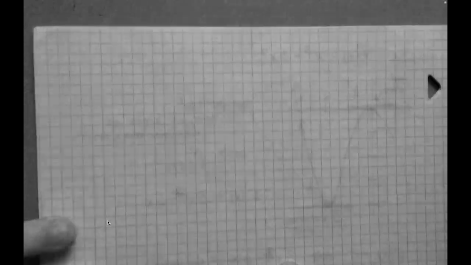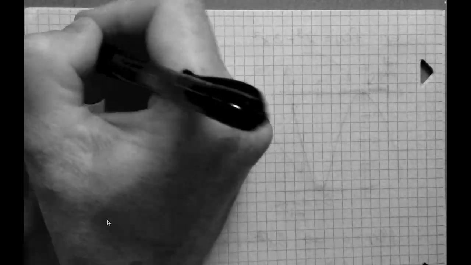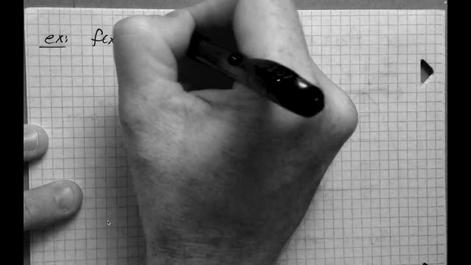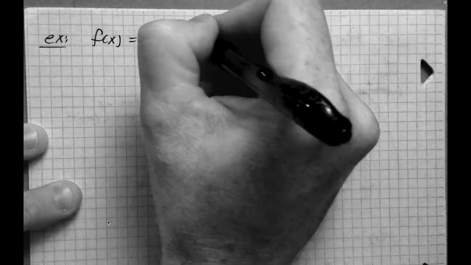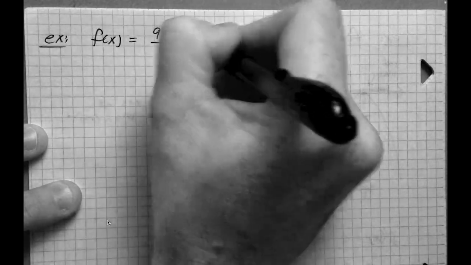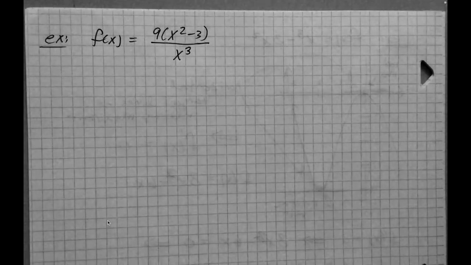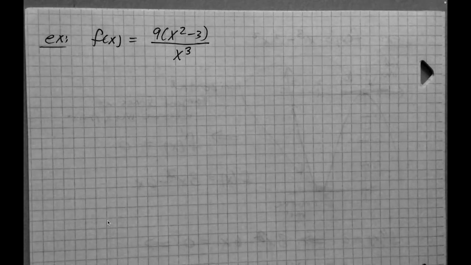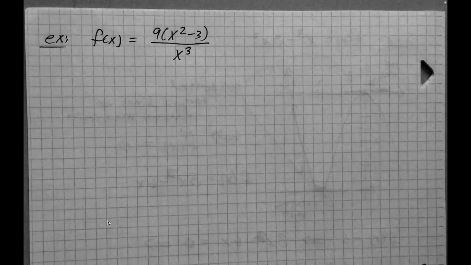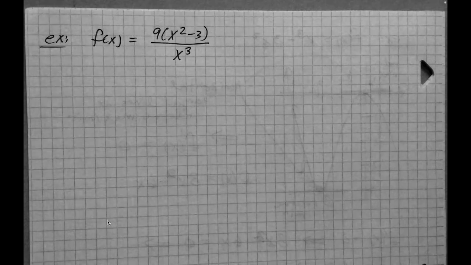Let's take a look at this function. f of x equals 9x squared minus 3 divided by x cubed. Okay. So let's say we want to find the relative extrema of this function.